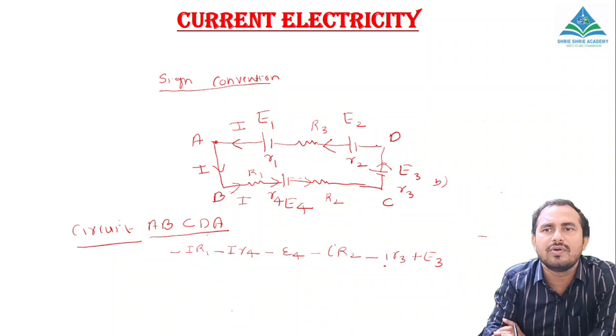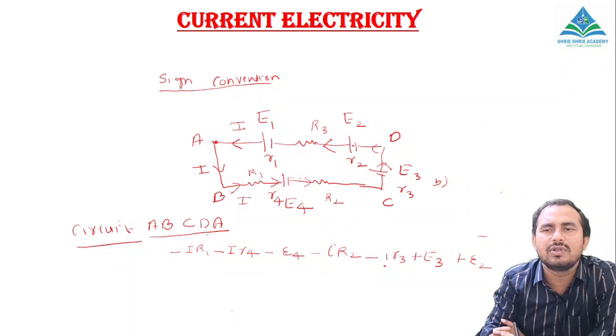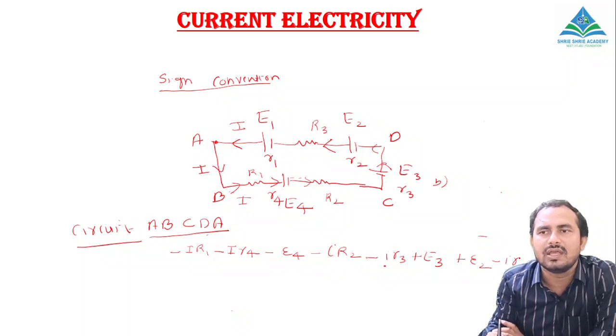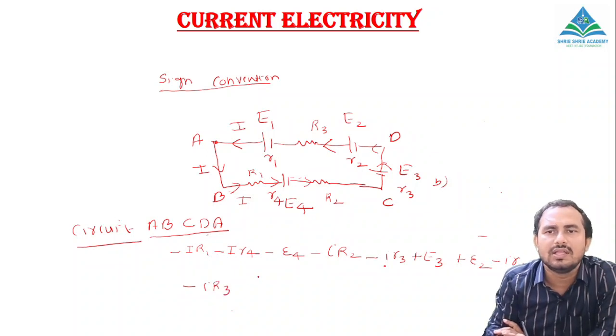Again from D you are going from negative to positive, so again you will write plus E2, and again you have some internal resistance, so as usual you write minus IR2, and next again you are getting minus IR3, then plus E1 minus IR1 equal to 0.